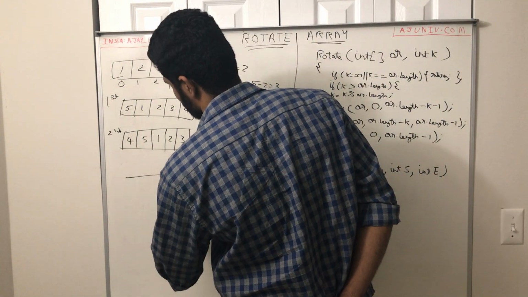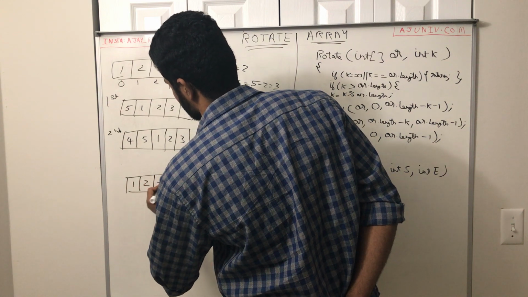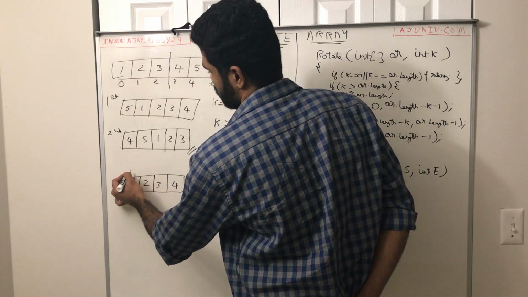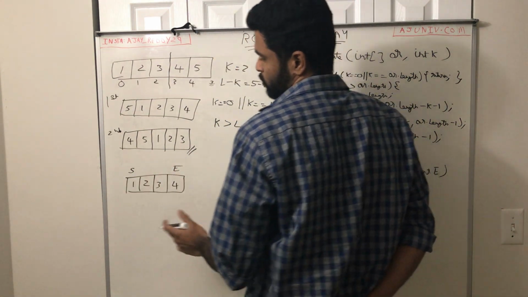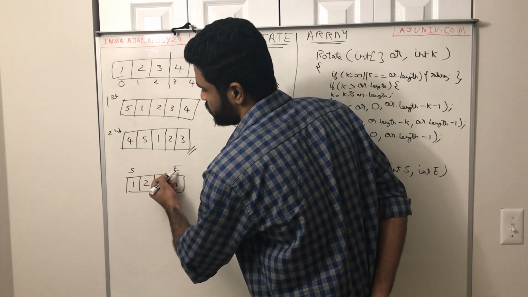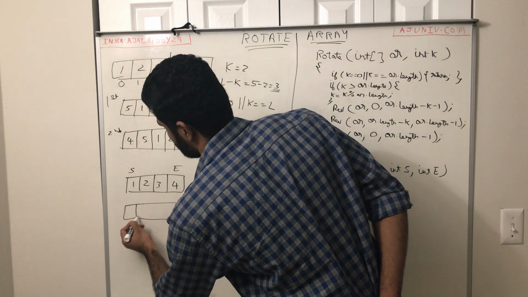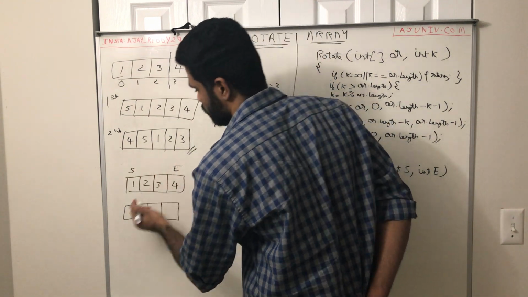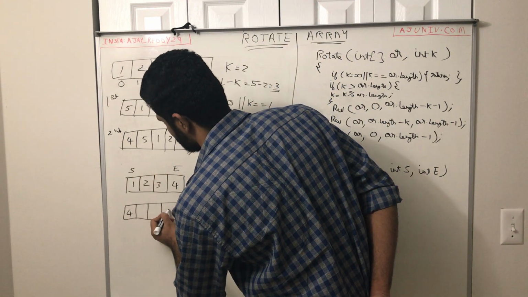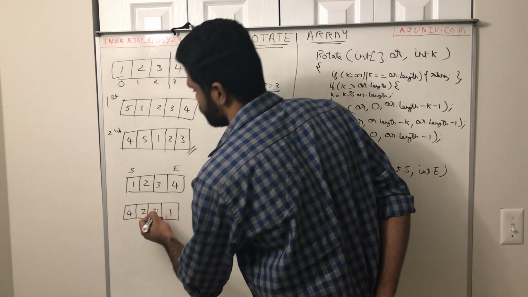Suppose I'm having an array 1, 2, 3, 4, and let me have 2 pointers, start pointer and end pointer. You have to actually swap this start pointer and end pointer first. After swapping the start pointer and end pointer, you will get the result like this, 4 and 1, and in between it will be 2 and 3.